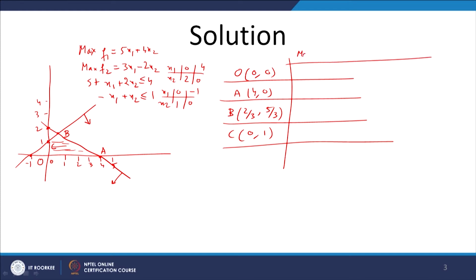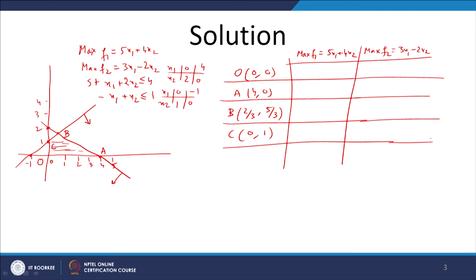Next, let us look at the two objective functions. We have to maximize f1 which is given by 5x1 plus 4x2, and similarly the second objective function, maximize f2 is equal to 3x1 minus 2x2. Just as we do for the single variable problem, in exactly the same way we will evaluate both the objective functions at each of these points.